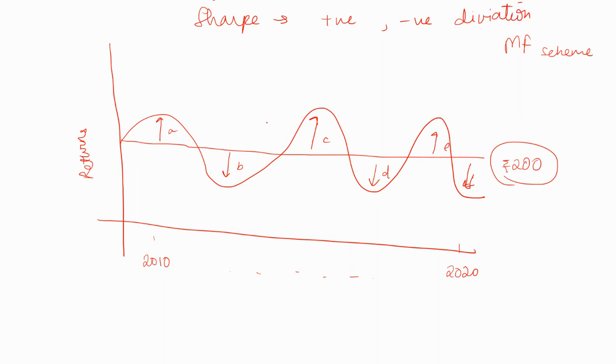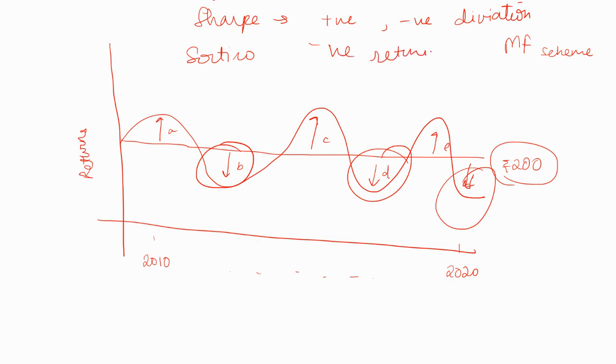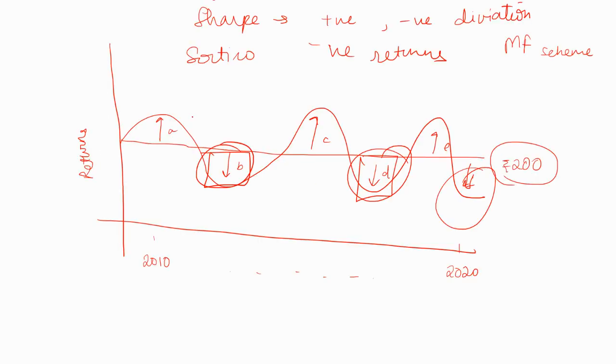Okay, but in case of Sortino ratio, only this B, D, and F, the negative returns are only added. Only these negative returns are added because see, if I get higher returns than average, then it is not really risk, correct? It's not really risk, it's my own benefit only.